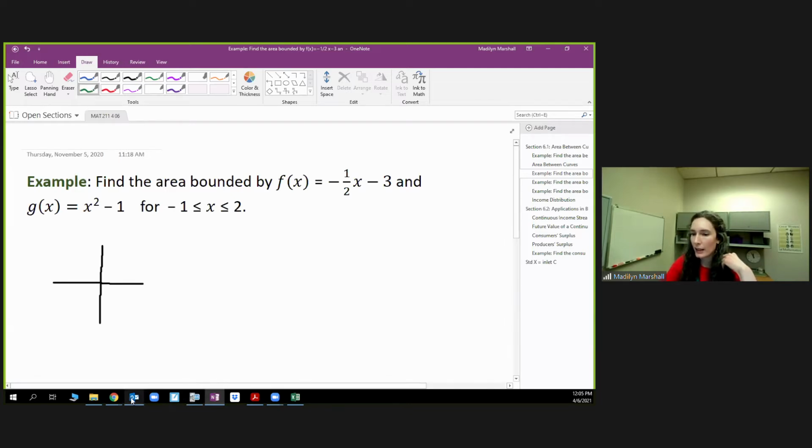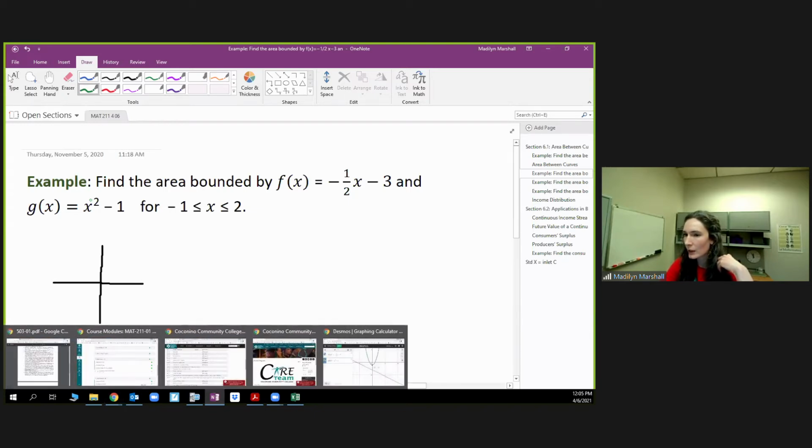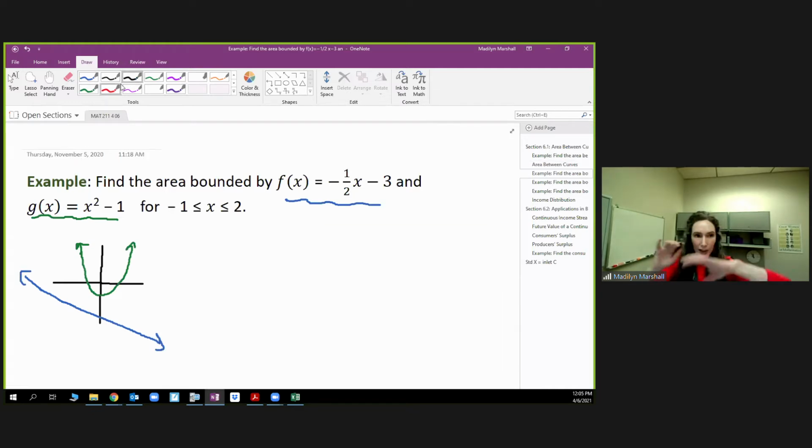Our G is a parabola that looks like this. And F is a line that looks something like this. So it doesn't need to be perfect. We just need to have the general spacing of things.